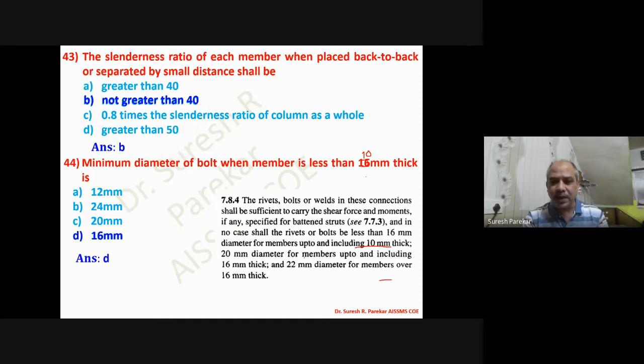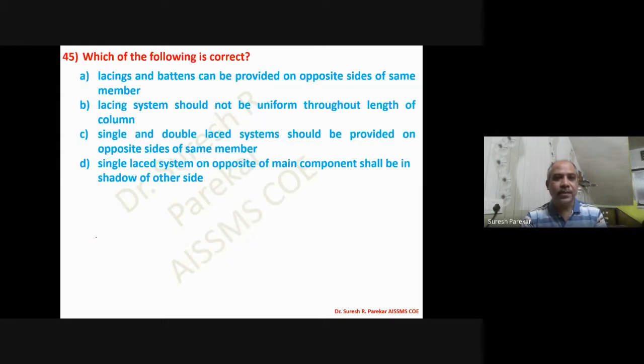For 20 millimeter diameter we are going to use up to 16 millimeter thickness, and 20 above it. So we have less than 10, so we have to go for 16 millimeter diameter.